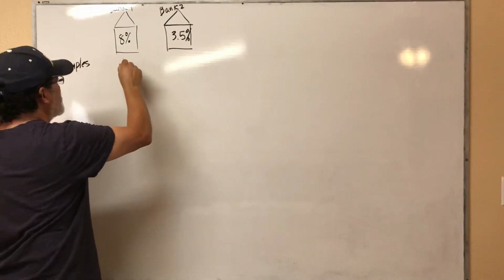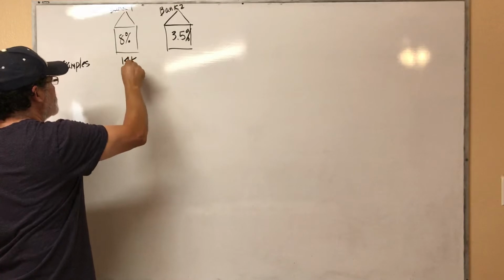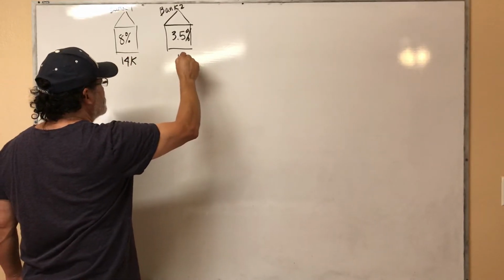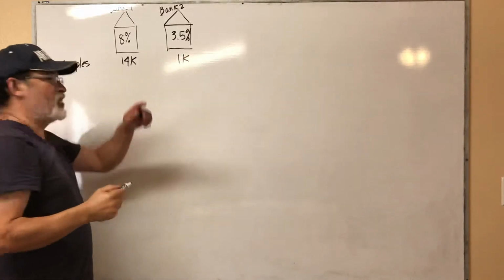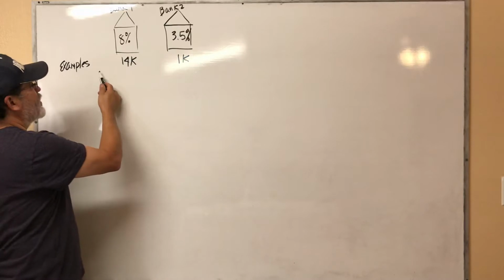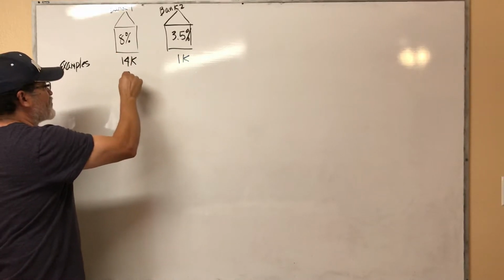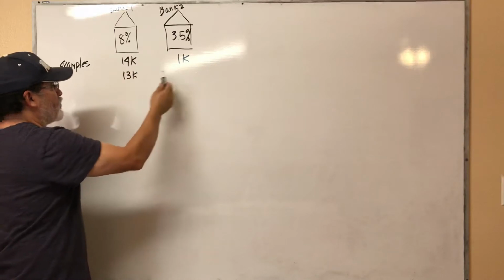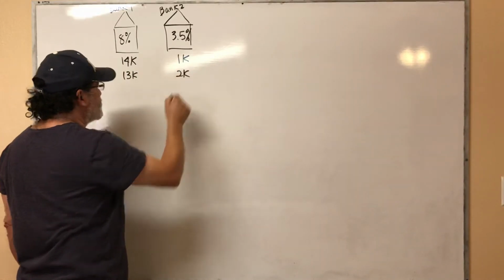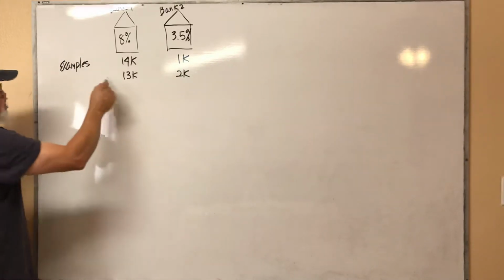If he invests $14,000 here, well then this is $1,000. Together that's $15,000. If he invests $13,000 there, then here it's $2,000. The thing is, altogether it should be $15,000.